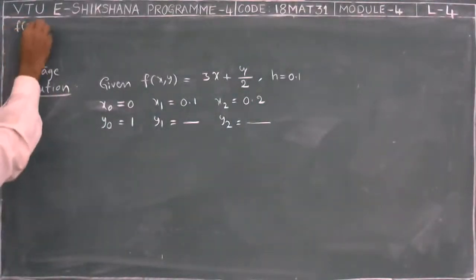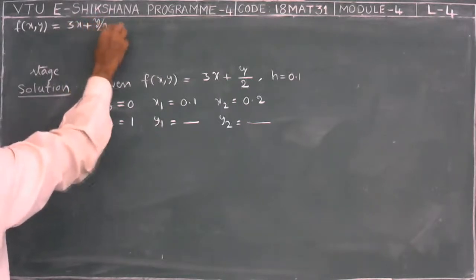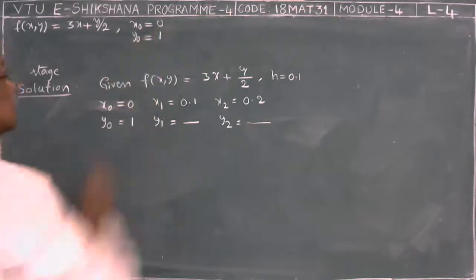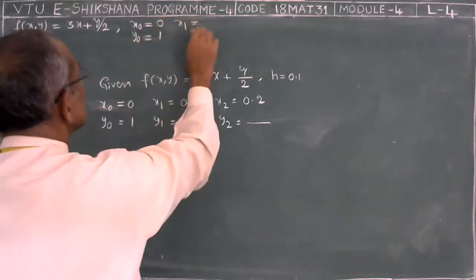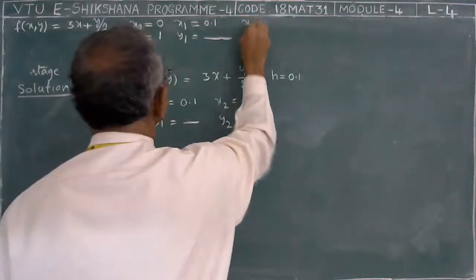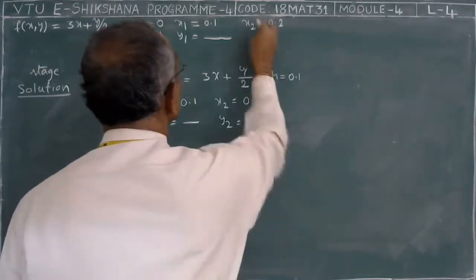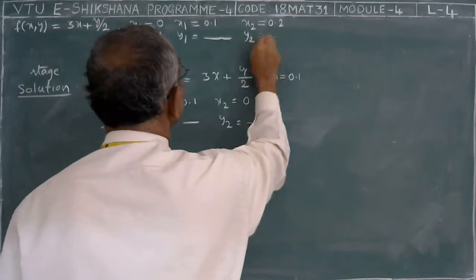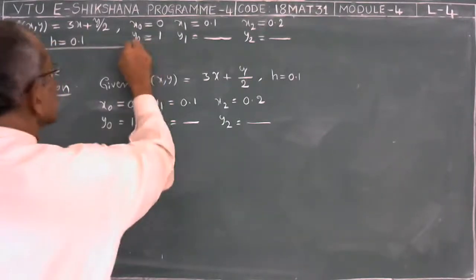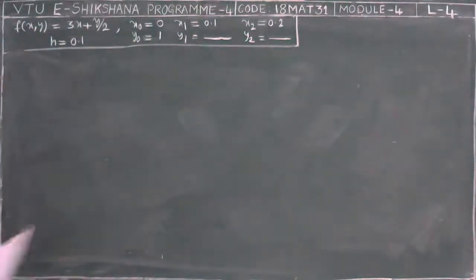Given f of x comma y is 3x plus y by 2. x naught is 0, y naught is 1. x1 is 0.1, y1 we need to calculate. x2 is 0.2, then corresponding y2 we have to calculate. h is 0.1.